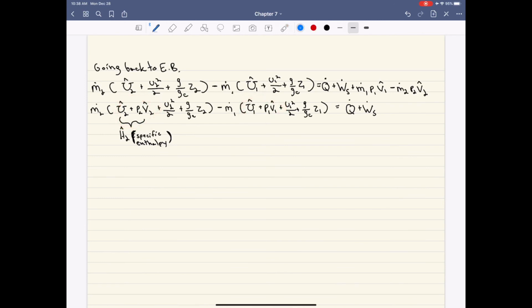We have it here, and we also have it here. So in this part, I can call this the specific enthalpy of stream 1. And now we've defined a new variable.